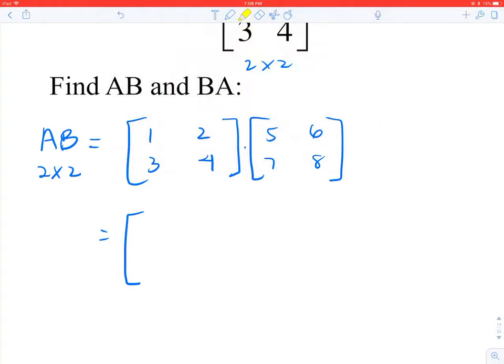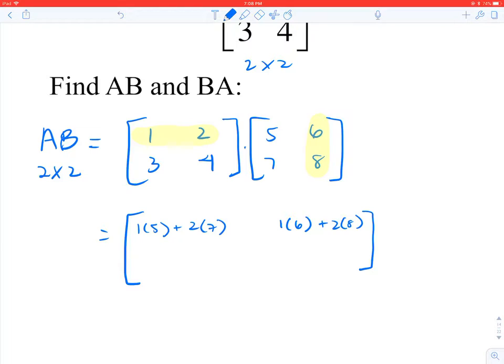Okay, so row by column. I'm going to use row 1, column 1, to find the first element of the matrix here. So we'll have 1 times 5 plus 2 times 7. That's going to be the first element. Then I'm going to move over to column 2 to find the next element. So 1 times 6 plus 2 times 8.